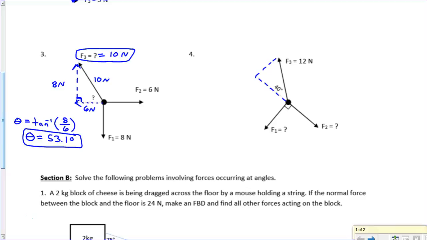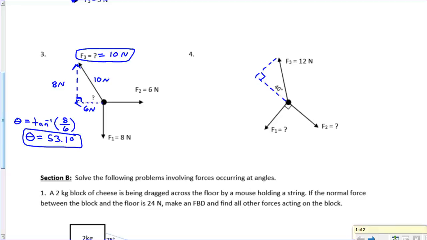We want to try and get this into the same set of components, and so what we'll do is we'll break this down into components. Some things we know: this is 12 for force 3, and so we can use some trigonometry to find the other sides there. To find the side that's opposite of the 40 degree angle, we're going to use the sine.